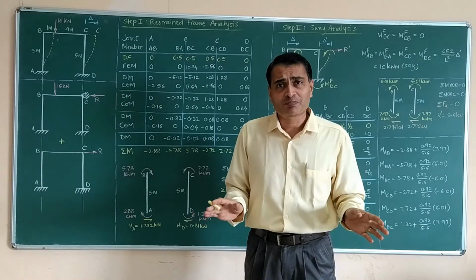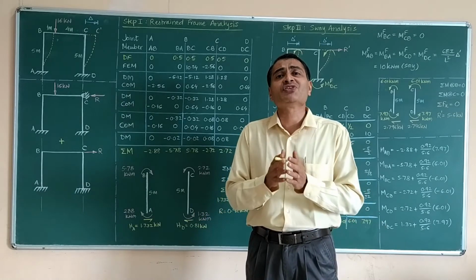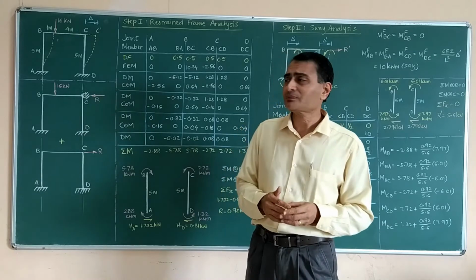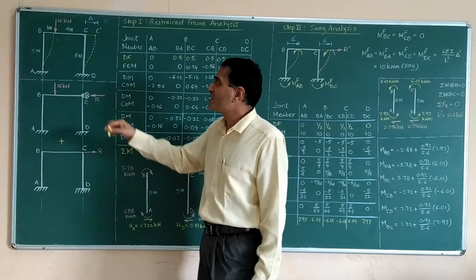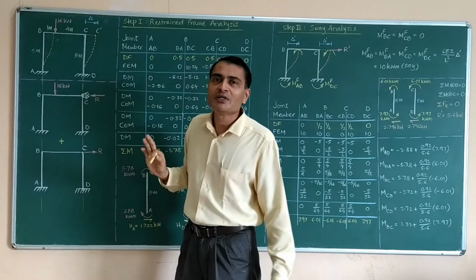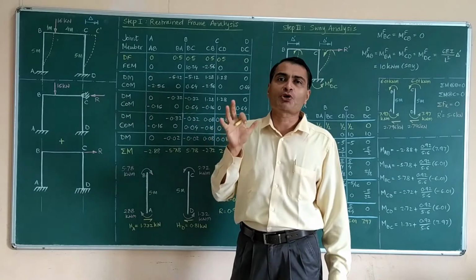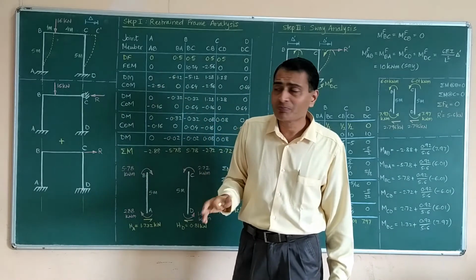It's simple, it's nothing but superposition, but at the same time it is involved, it is lengthy. So here is our sway frame A, B, C, D. AB, BC, CD, each member is of 5 meters span.